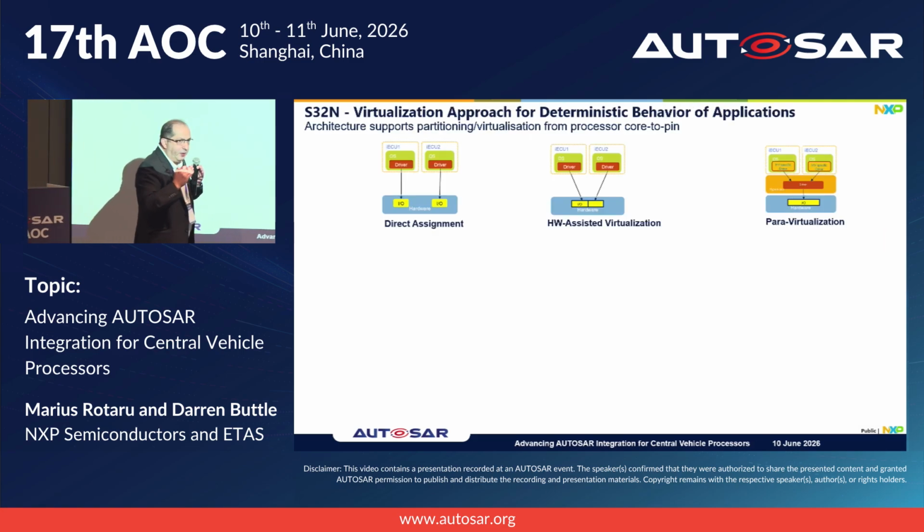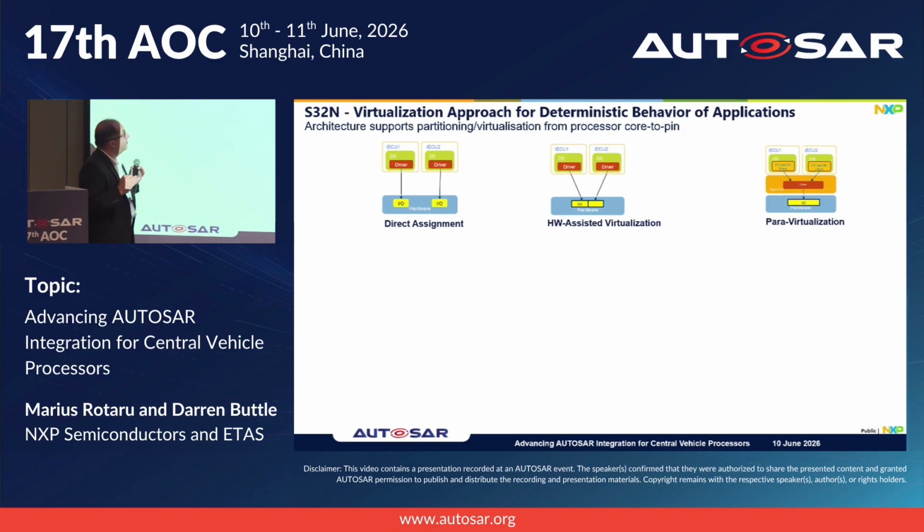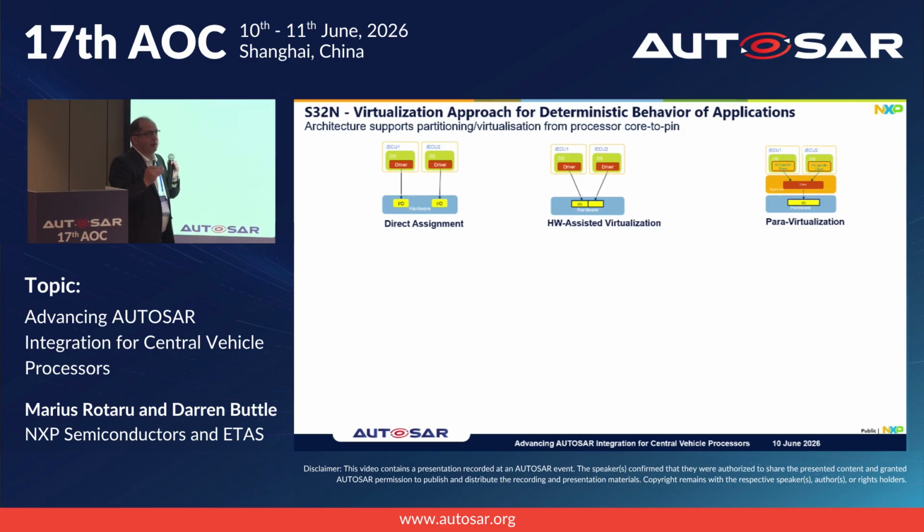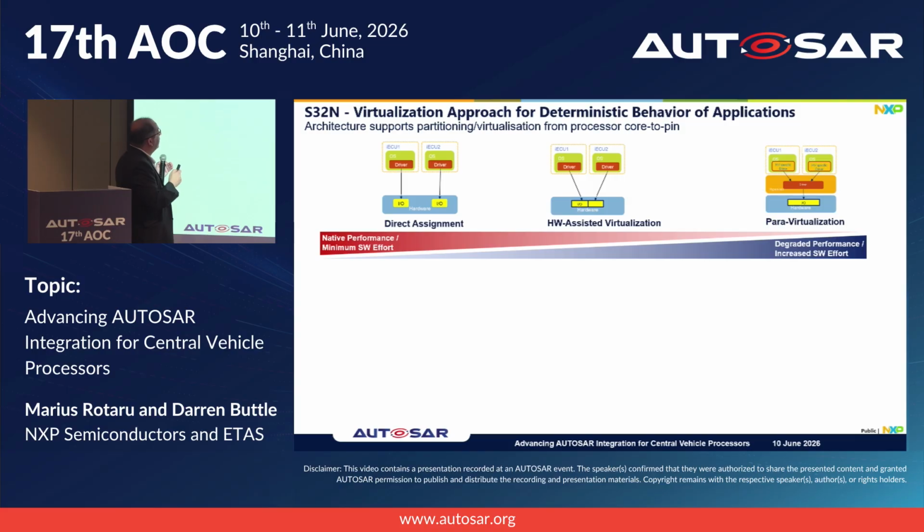In order to put in place these concepts, in automotive, there is a requirement to achieve deterministic behavior of applications. That's real-time and deterministic behavior. And to achieve this deterministic behavior, basically, the hardware needs to provide direct assignment of peripherals to the integrated ECUs. Another way, it's an NXP way where we innovated in the hardware.